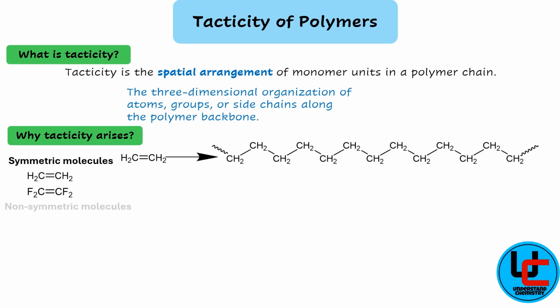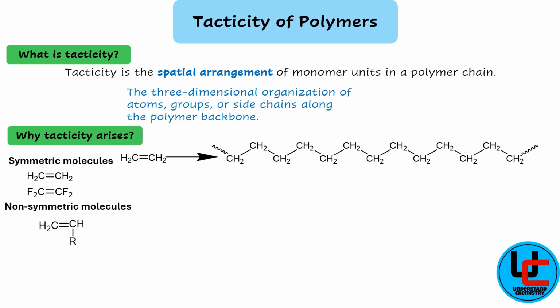But in the case of non-symmetric molecules, this means a molecule in which different types of groups are attached on each side of the double bond. This means all the monomers of the type CH2=CHR, where R is a substituent or branch.